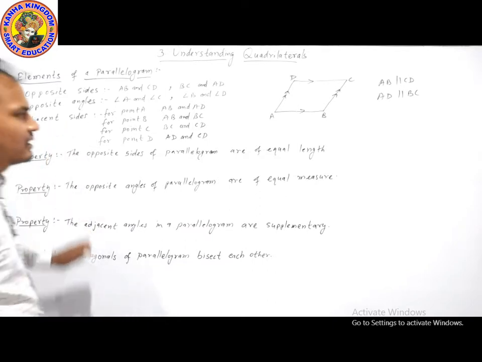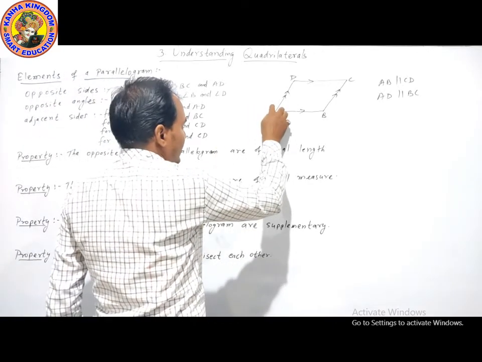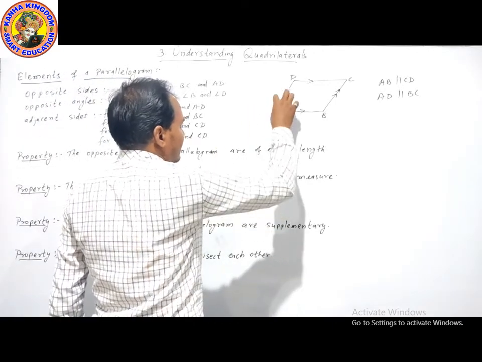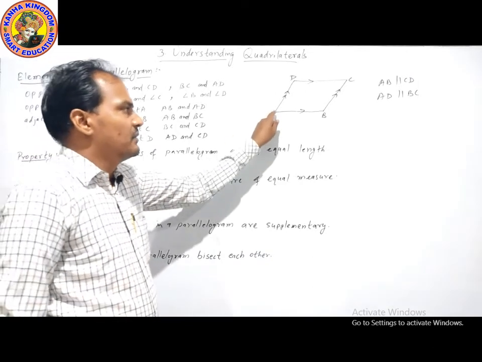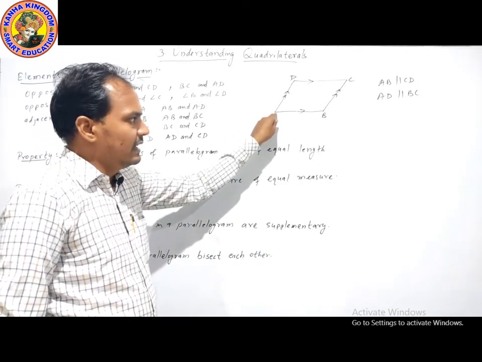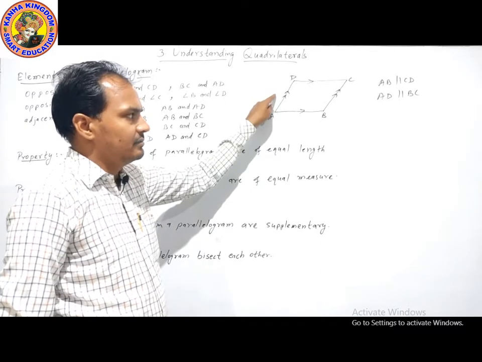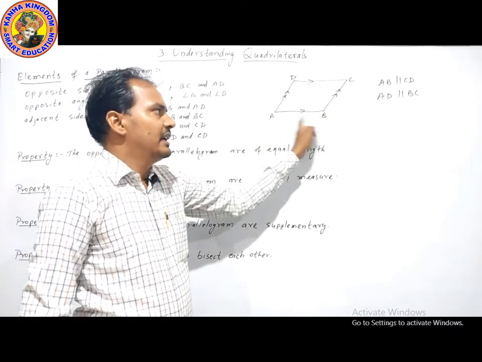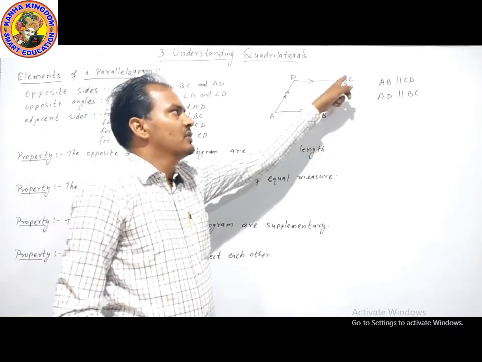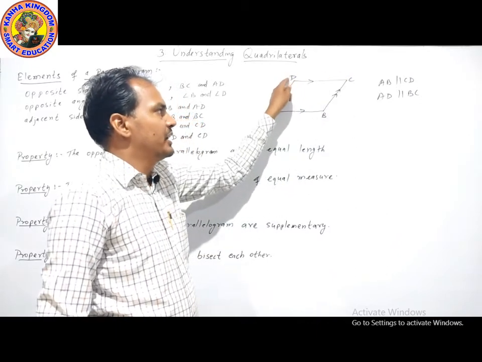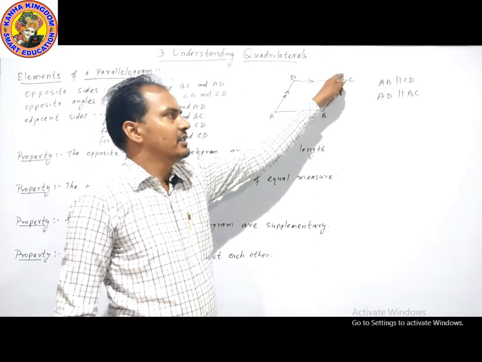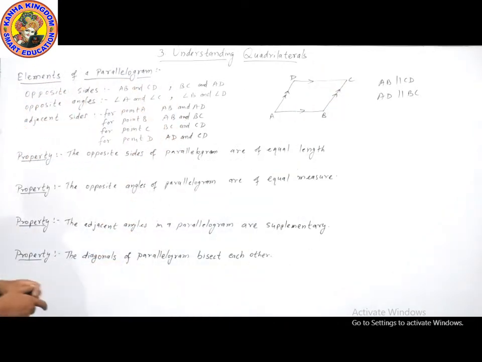Adjacent sides are the two lines which make an angle. For angle A, AB, AD. For angle B, AB, BC. For angle C, BC, CD. For angle D, AD, CD. These are the adjacent sides.